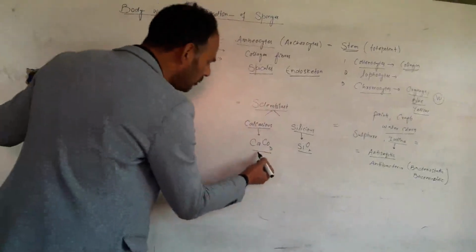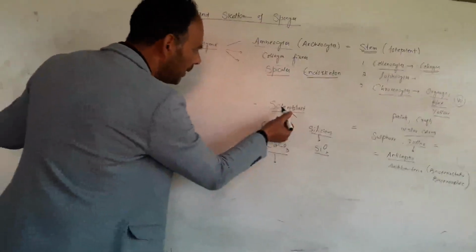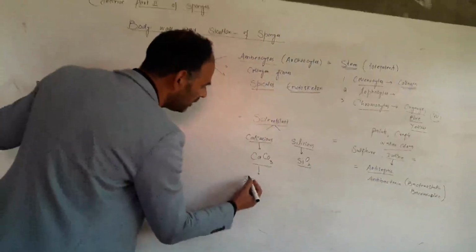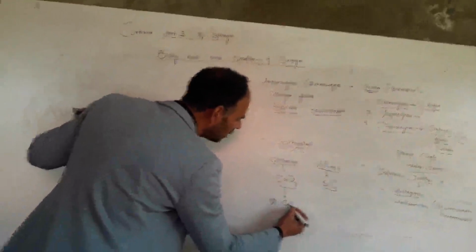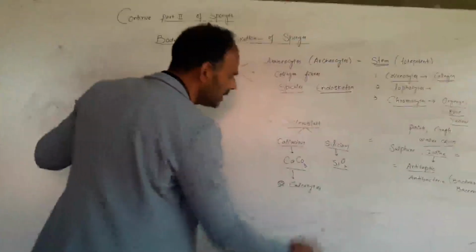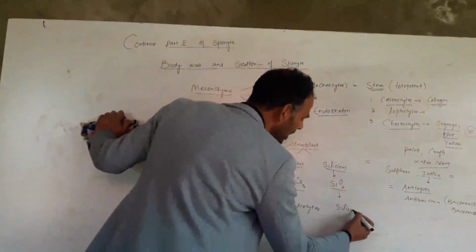This calcium carbonate is extracted from the seawater by a type of scleroblast called chalcocytes, and silicon dioxide by silicocytes.